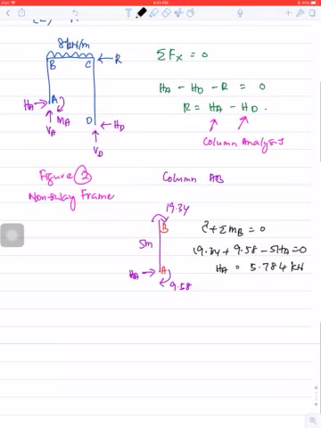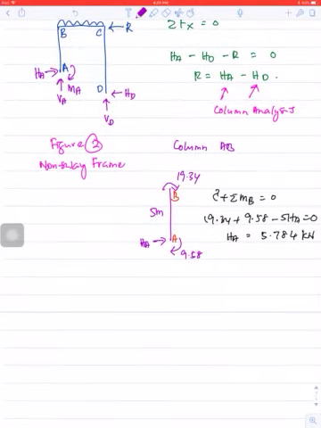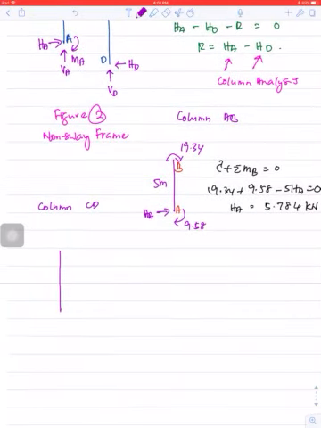5.784 kilonewton. And then we will do the same for column CD. Not column BC, it is column CD. This is the column. Okay, this is HD. MCD is negative, so we put negative 15 here. The length is 7.5 meter.